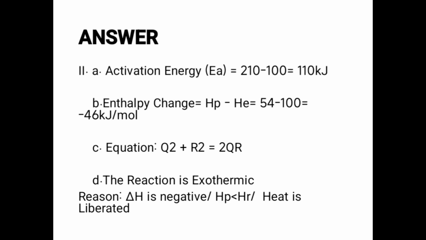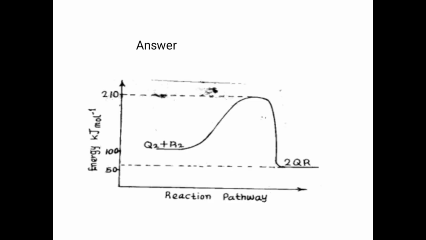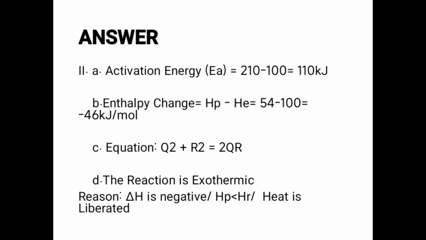For the enthalpy change, that's the heat of product minus heat of reactant. Because the energy profile here is for an exothermic reaction, the heat of the product is less than the heat of the reactant. Please take note of that. So you have HP minus HR, which is 54 minus 100, that's minus 46 kilojoules per mole.